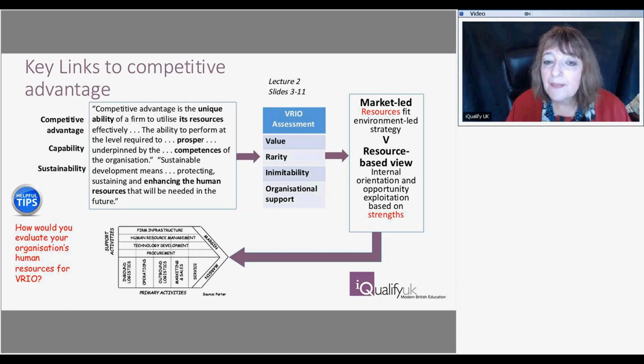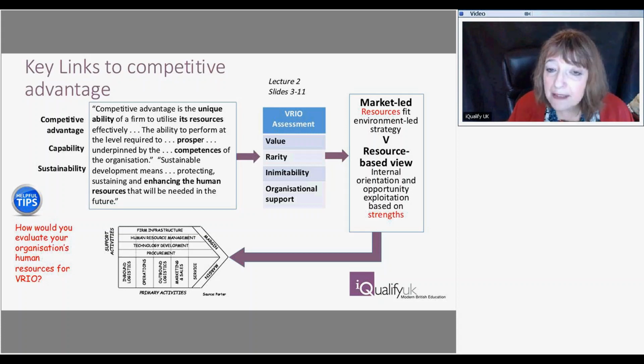Then you will recall we looked at whether an organisation gained competitive advantage through a market-led approach, where the resources of the organisation fit the environment, or alternatively, a resource-based view, where internal orientation and opportunity can be exploited on the basis of the strengths of the organisation.